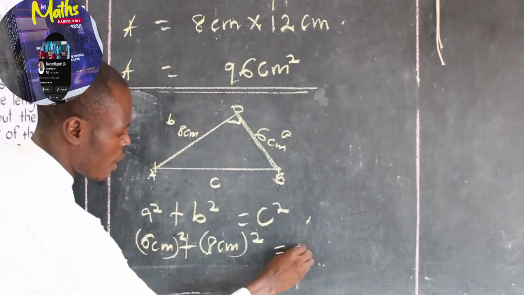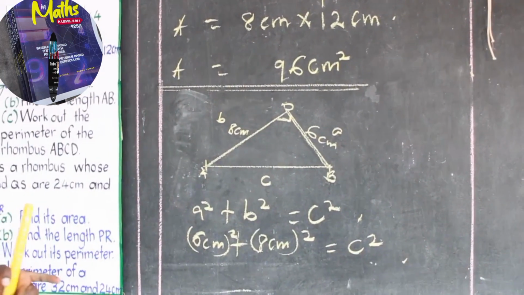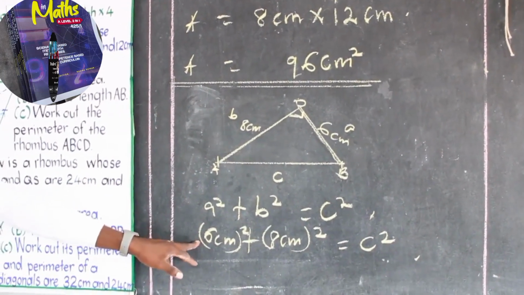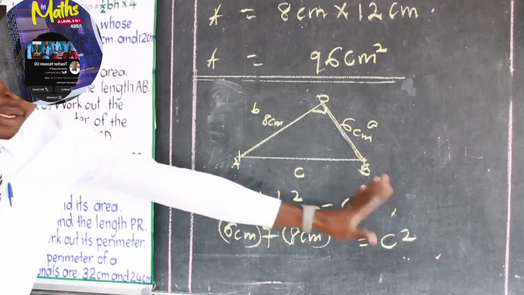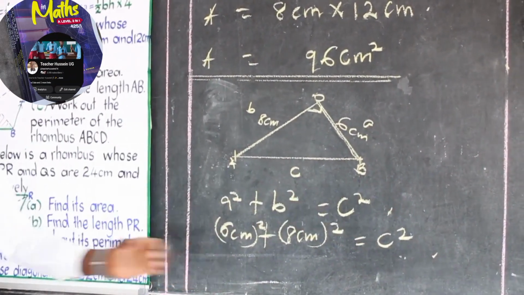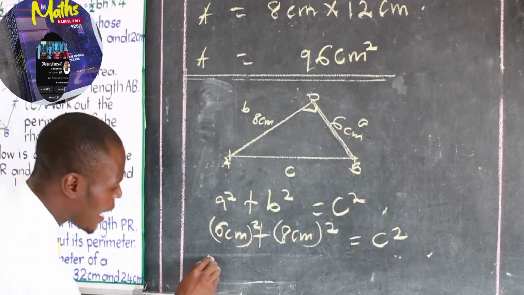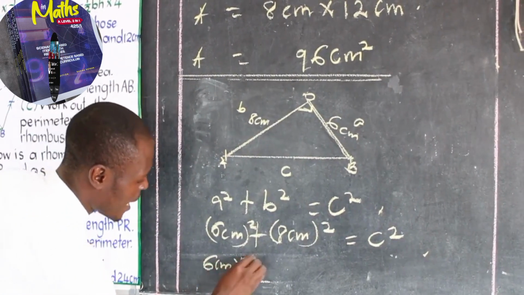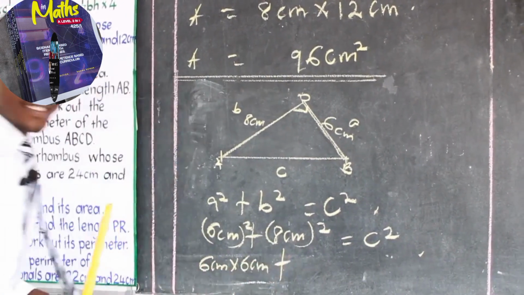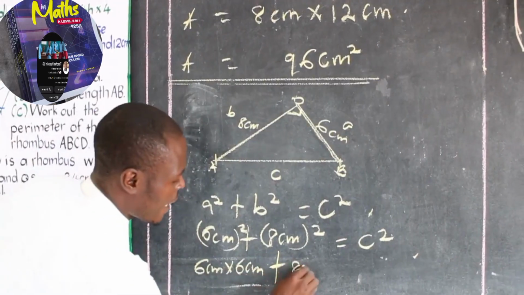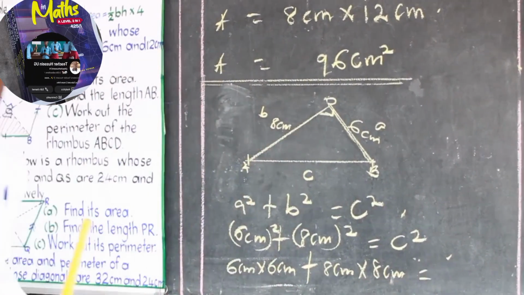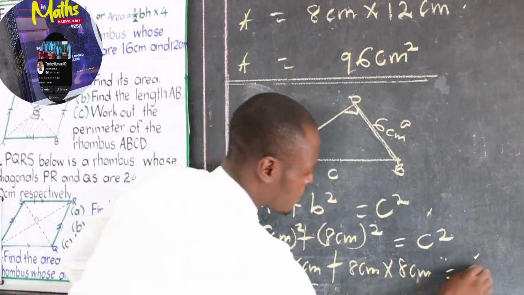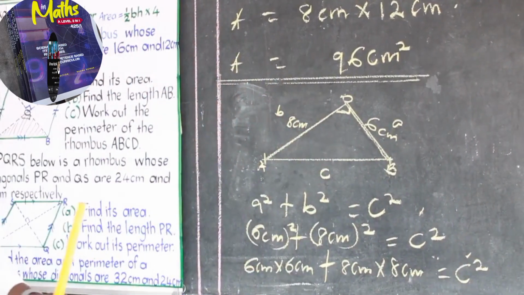Is equal to the square of C. Now, after that, we go ahead and expand. We've stated down the formula. We've substituted in. We go to the next step, which is now expanding. So we shall have 6 centimeters times 6 centimeters plus 8 centimeters times 8 centimeters, giving us the square of C.